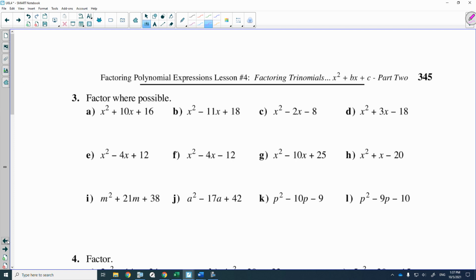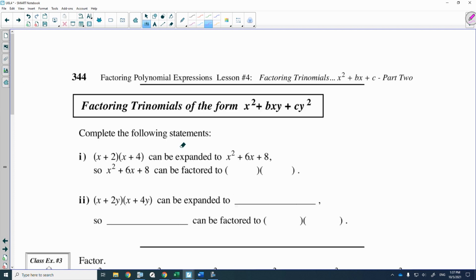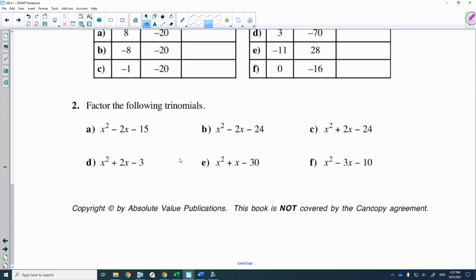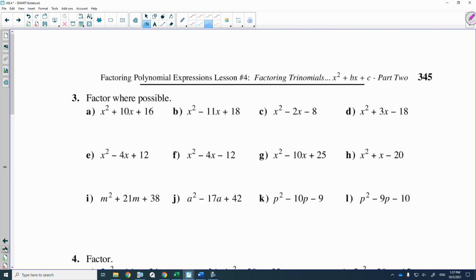So you can go to your homework. Do number 2. You'll find you're doing these really fast. So do all of number 2. I'm only going to pick 4 from these.